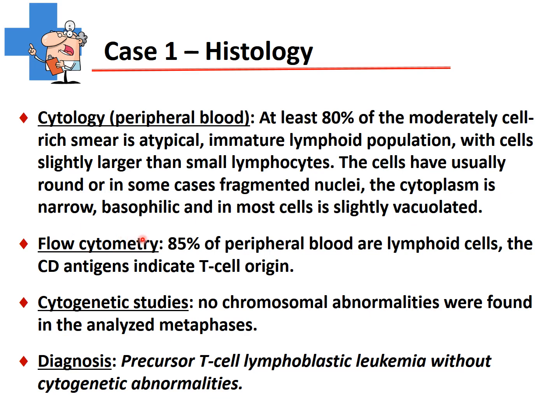Flow cytometry, when they looked at the CD markers, the T cell markers were positive, and as you see here, about 85% of the peripheral blood lymphoid cells showed T cell origin. And cytogenetic studies, no chromosome abnormality was found, and they diagnosed precursor T cell lymphoblastic leukemia without cytogenetic abnormalities.